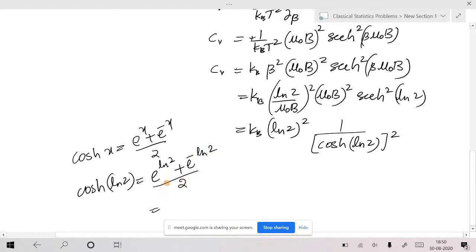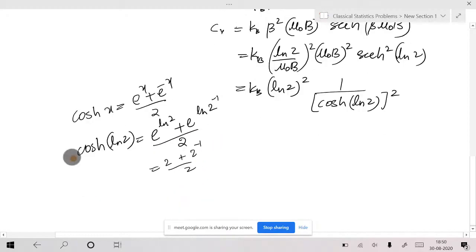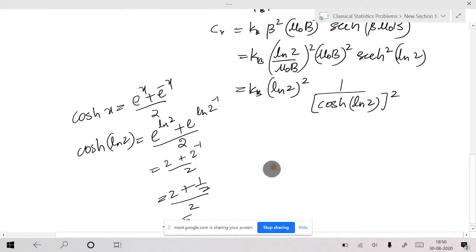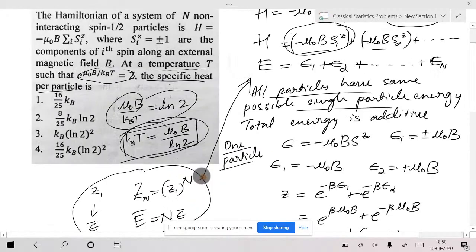E power ln 2 you can write as 2, e power minus ln 2 you can write as 2 power minus 1, whole divided by 2. That means (2 plus 1 by 2) whole divided by 2. 4 plus 1 is 5, so 5 by 4, isn't it? So 5 by 4, that's what I got.